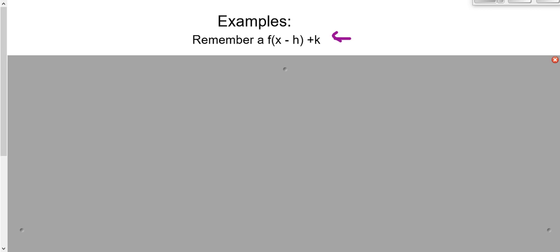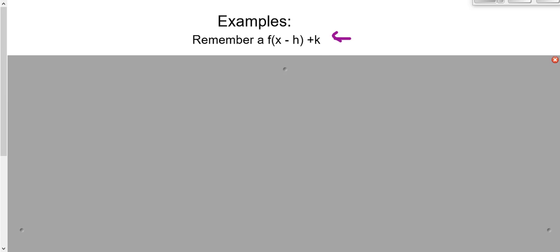So we could multiply it by a. Remember, that's a stretch or a compression. Inside with x, we could subtract h or add h. That is a horizontal shift. That's what that h is for. It's horizontal. And the plus k at the end means that we have a vertical shift. Vertical, okay? And vertical is that up and down movement. It's going to move the whole thing up or move the whole thing down, okay?